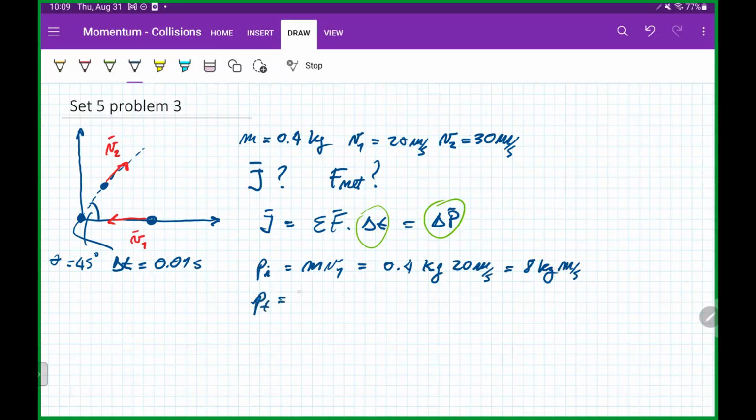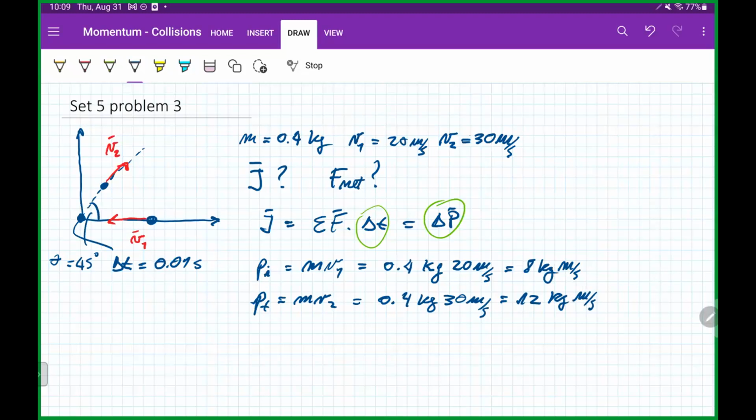So after the kick, that's M. So M hasn't changed at all. M V2, 0.4 times 30 meters per second, equal to 12 kilograms meters per second. Is that clear? So this is simply multiplying the mass by the speed, right? We're just working with the moduli of those.